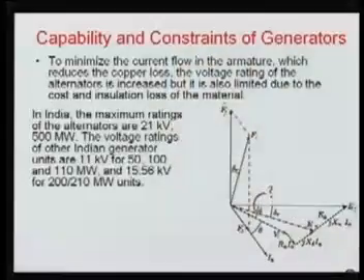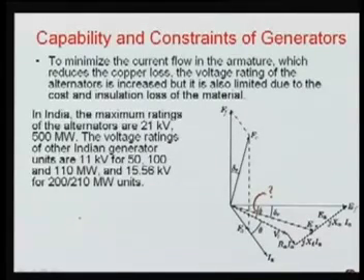meaning we have the field winding, and we give DC field to this rotor, and we have the armature where the AC is going to be produced. So we have the field MMF and the armature MMF, meaning we have the MMF at the rotor that is called Ff, and we have Fa of the armature.